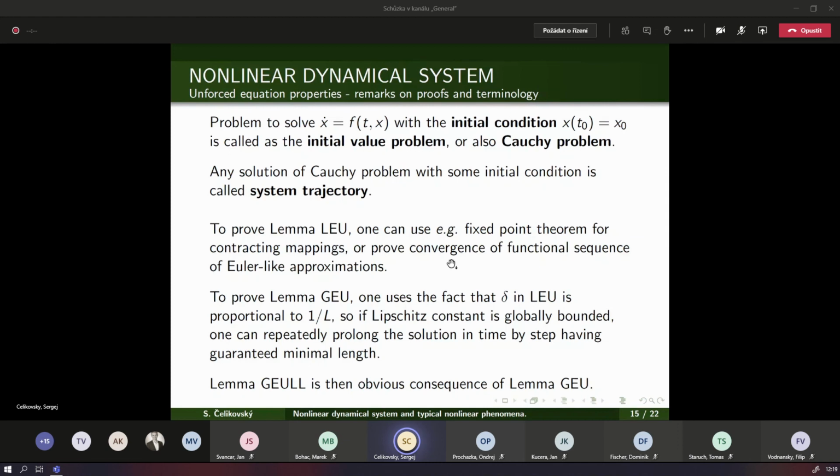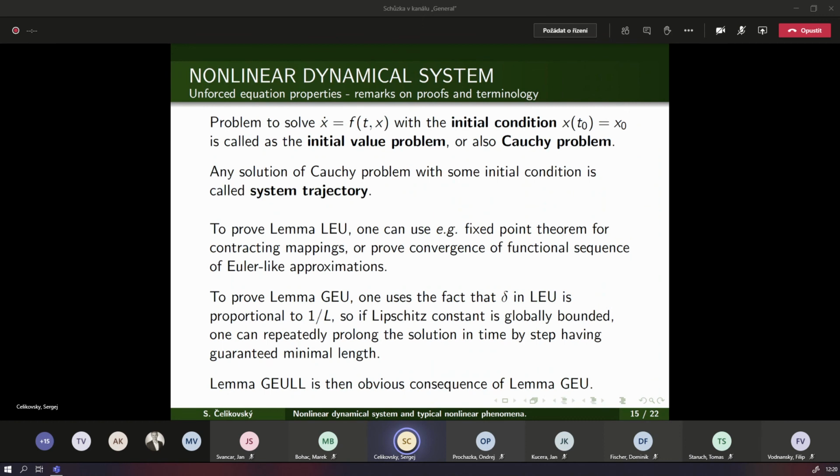I decided not to spend time on proofs that can be found in many textbooks and so on. This lemma on local existence and uniqueness, in earlier years I presented the proof, and maybe it is in one of these Khalil books somewhere, definitely in the more detailed one, using the fixed point theorem and contraction mappings, which is an interesting technique, but needs a lot of mathematical introduction.